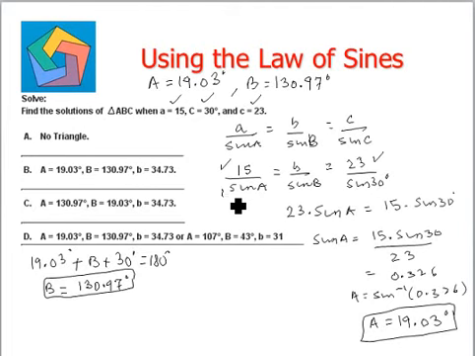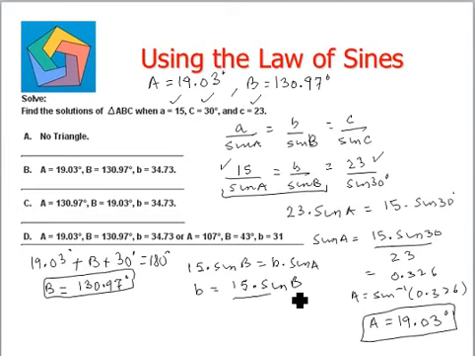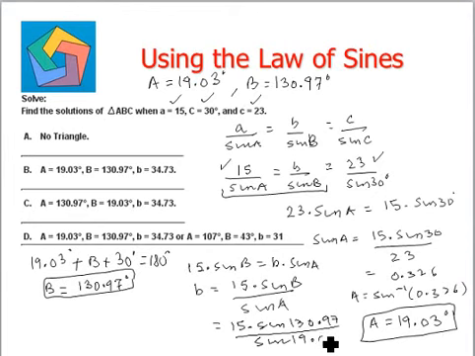Now we have to find the side length b. So we can use the first two ratios again. 15 times sine of B equals b times sine of A. So b equals 15 times sine of B divided by sine of A. We'll put in the values of angle B and angle A. This is 15 times sine of 130.97 divided by sine of 19.03.